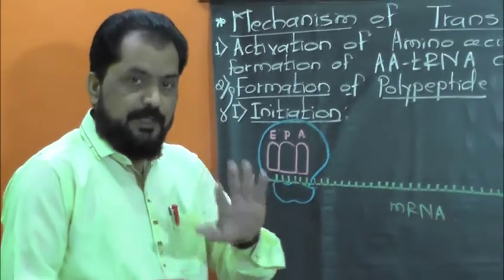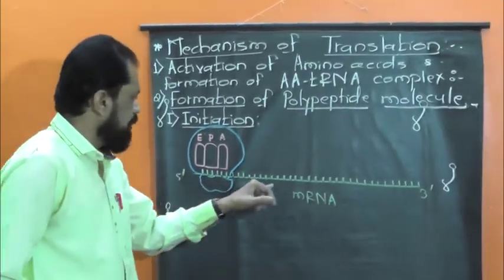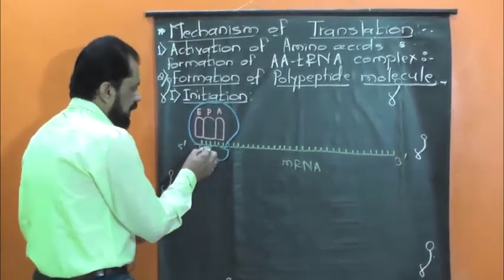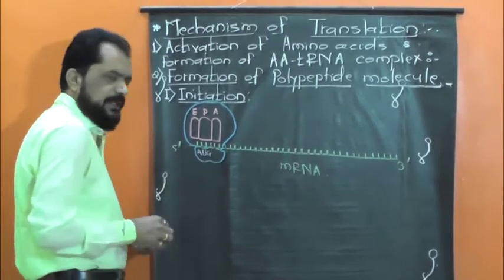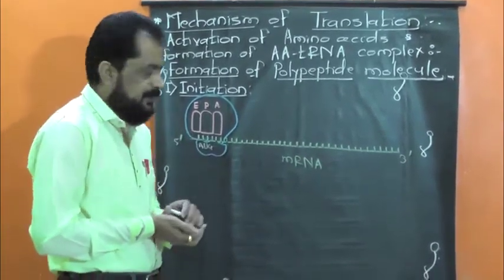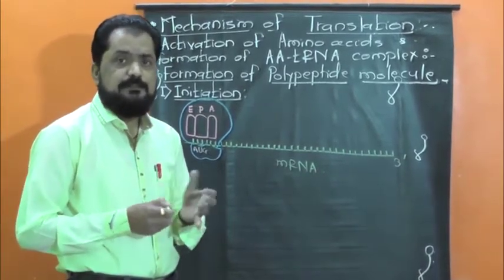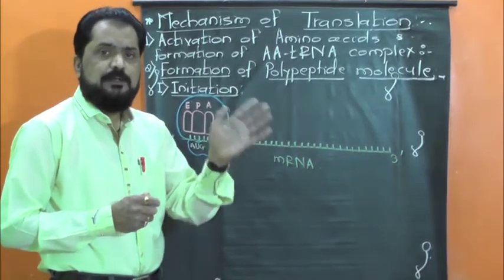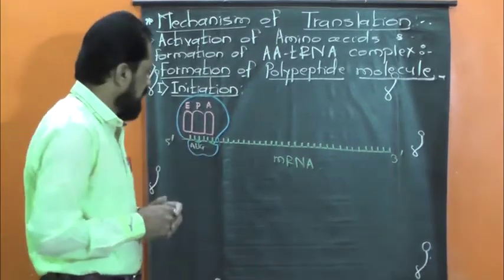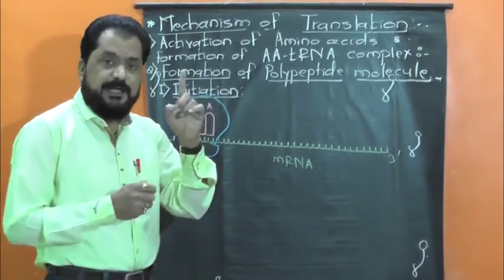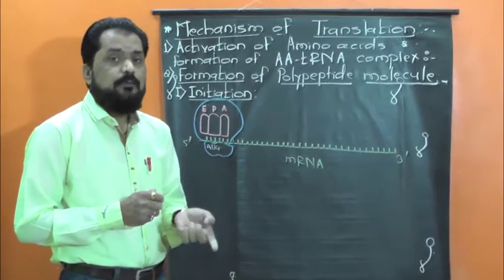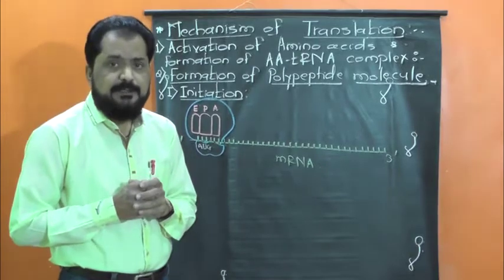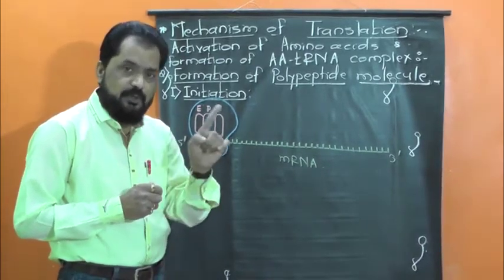Now always at the 5' end of messenger RNA, the first codon is in the form of AUG, very rarely GUG, and it codes for the amino acid methionine in eukaryotes and N-formyl methionine in prokaryotes. Therefore, this AUG attracts the tRNA with the complementary anticodon UAC, carrying the amino acid methionine.